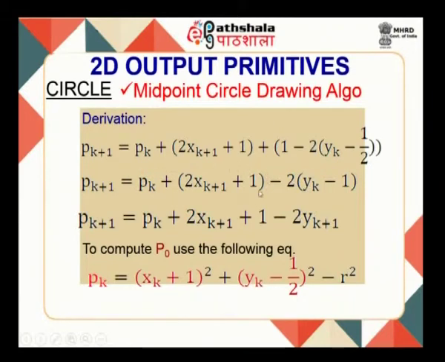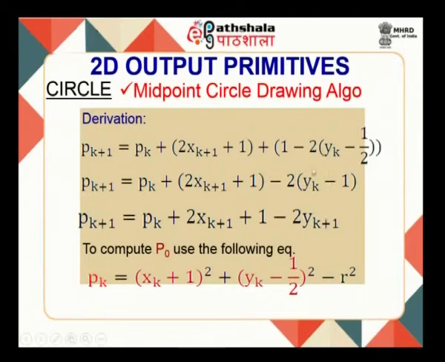This part of the equation does not get altered, does not get simplified further, while this gets simplified like this: 1 minus 2 y_k plus 1. If you take this 2 inside and multiply, 2 minus 2 y_k, take the minus 2 out and you get y_k minus 1, minus 2 common, and you get y_k minus 1.